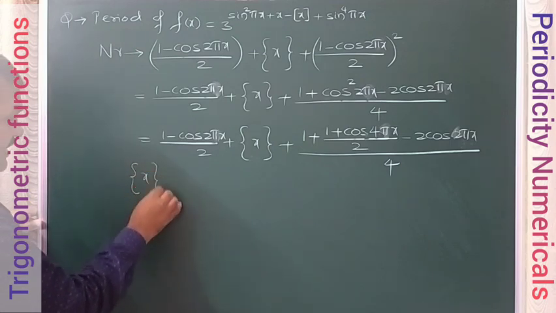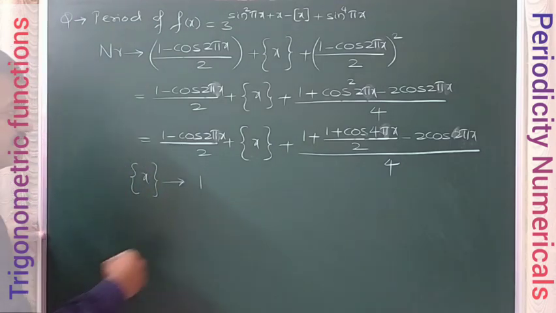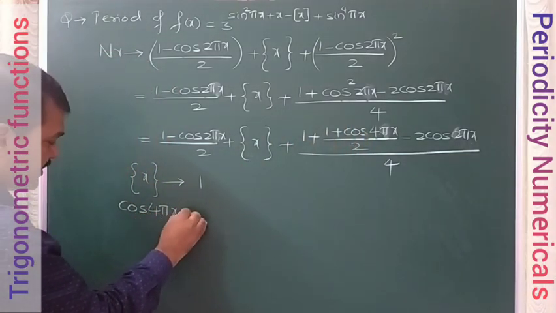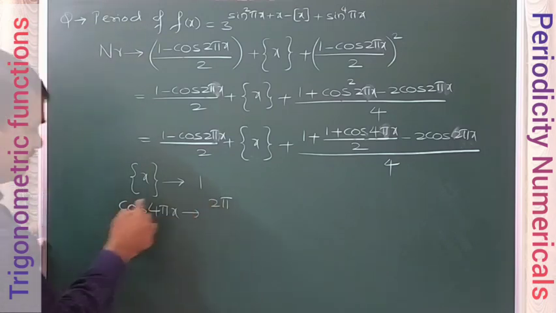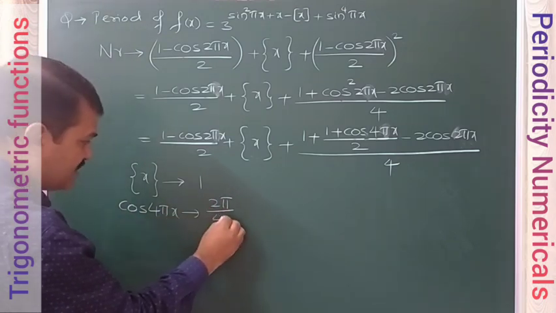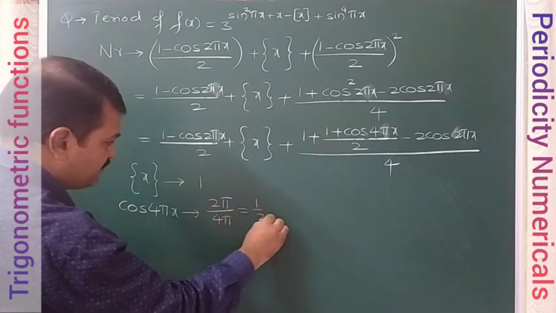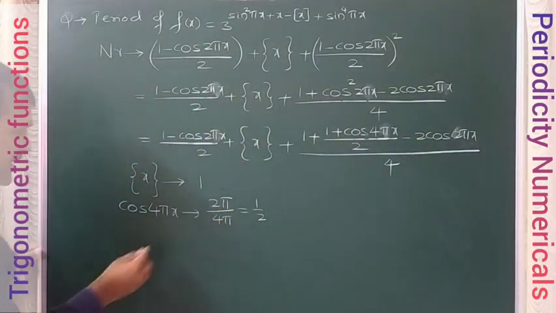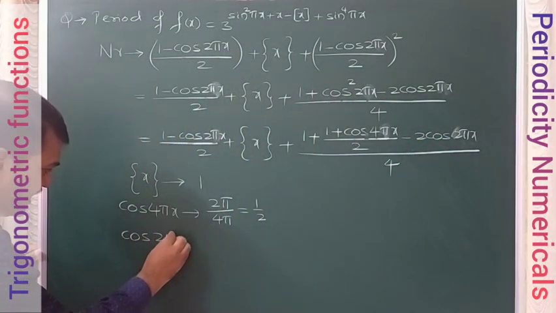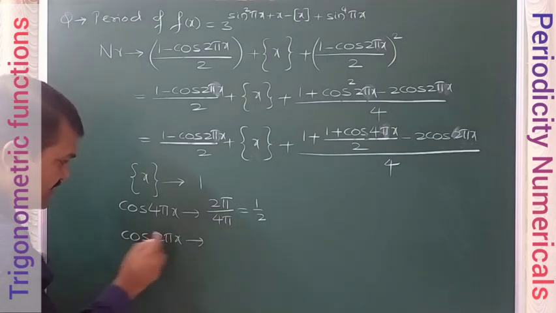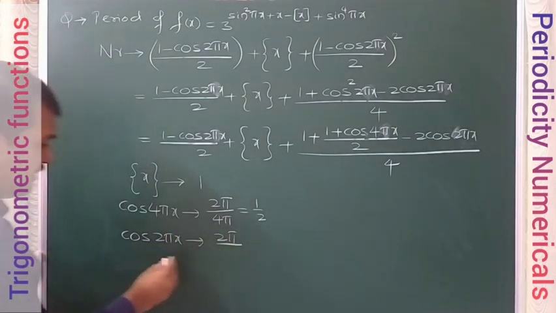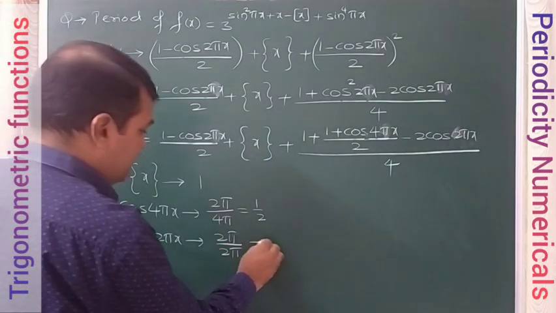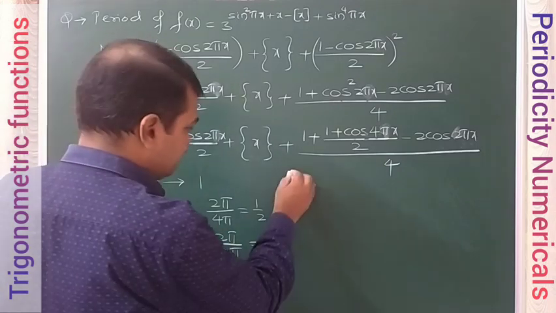First, for the fractional part of x, the period is 1. For cos 4 pi x, the period is 2 pi by the coefficient of x, so 1 by 2. For cos 2 pi x, the period is 2 pi by the coefficient of x, so this will be 1. The LCM of these three will be your answer.